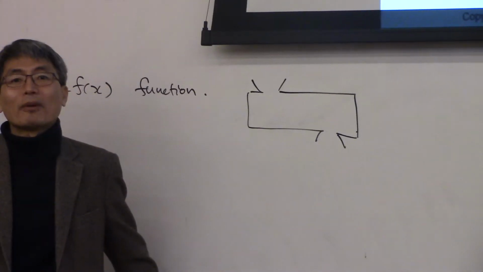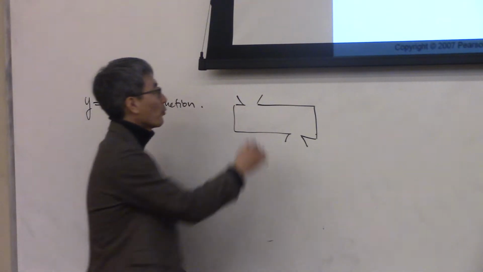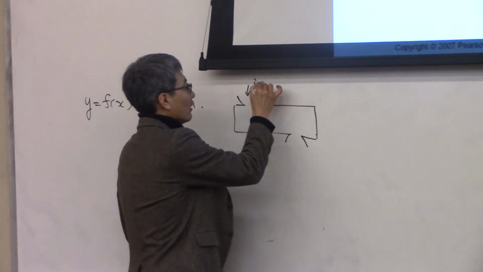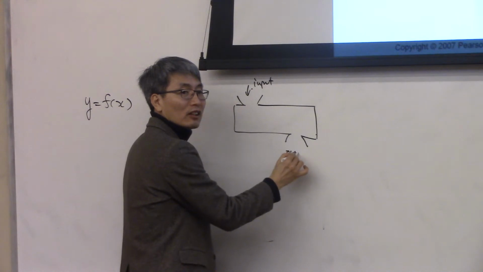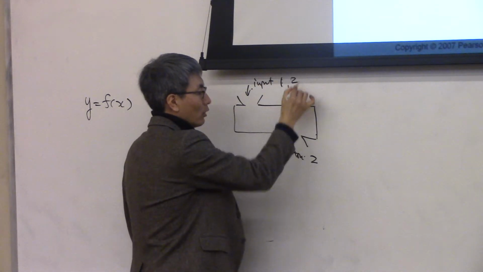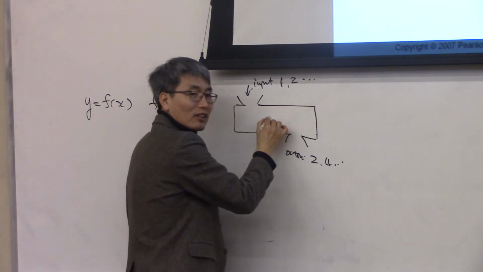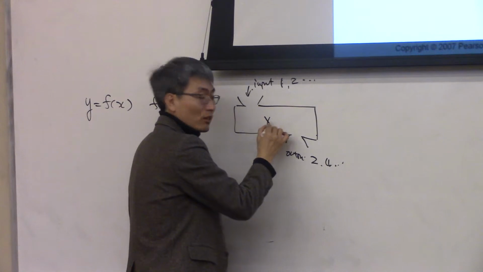It's like a black box. You don't have to worry about what's going on inside. There's always input and output. Okay? If the input is 1, the output is 2. 2 gives 4, and so on, which means times 2.